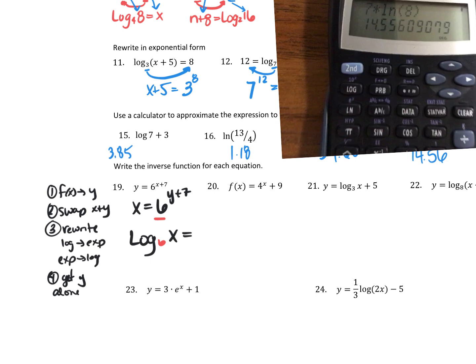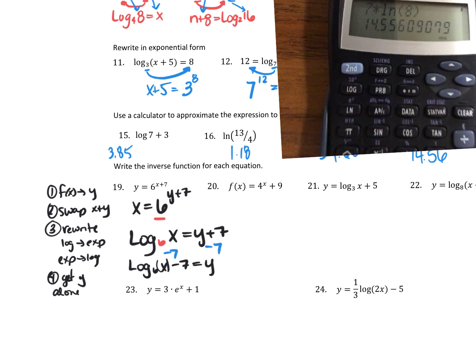X equals y plus 7. Now that the y plus 7 is out of the exponent, we can subtract 7. And I'm not subtracting inside the log, so log 6 of x minus 7 equals y. All right, really what's inside the log is just the x. And you could put parentheses around that x by itself if you'd like.